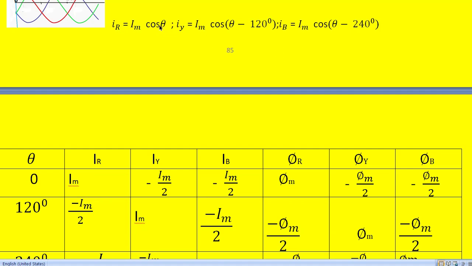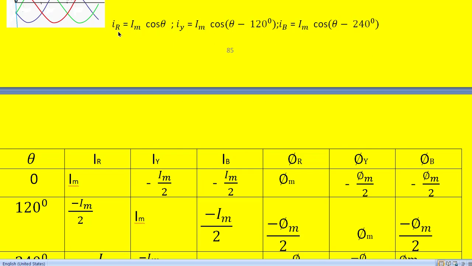Similarly, let us see what is going to happen to IR, Iy and Ib at theta equal to 120 degrees. At theta equal to 120 degrees, IR is equal to Im cos 120. Cos 120 again is minus half.